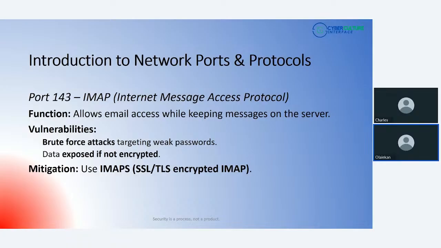It means they are trying to force something to open. And if it's not encrypted, data too can be exposed. So IMAP has IMAPS, which you can encrypt. IMAP secured means even when they break into your IMAP, it is secured.